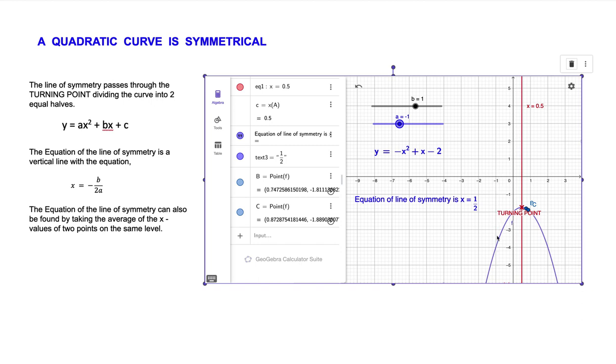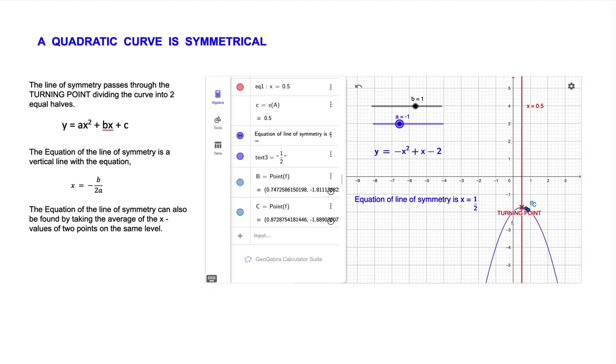Averaging the x values again at this level, we have negative 1 plus 2 divided by 2. Negative 1 plus 2 will give us 1, divided by 2 will give us half.